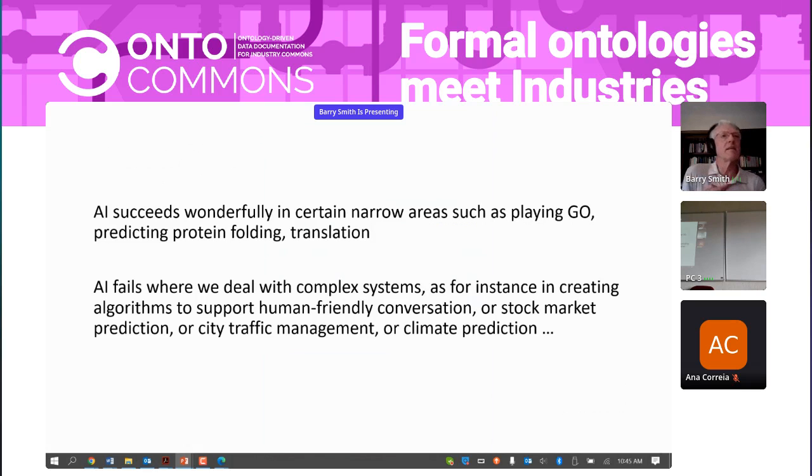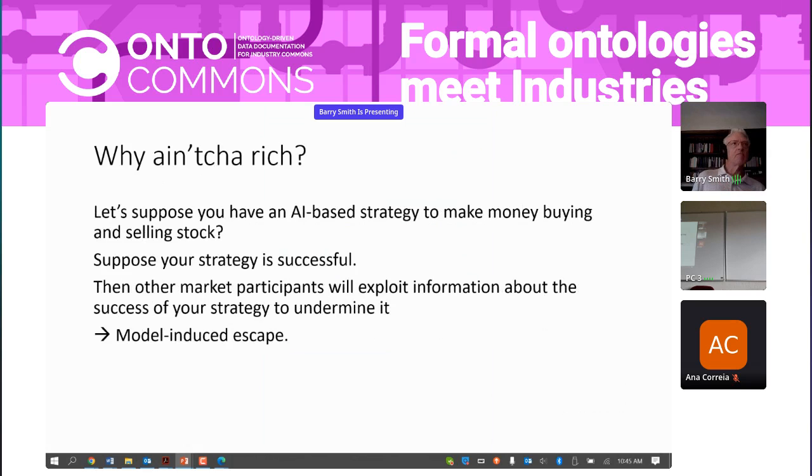So the summary of the book is that AI succeeds in certain narrow areas, but wherever we're dealing with complex systems, for instance, human conversation, emulation, or stock market prediction, then the AI will fail. And the reason is model-induced escape.